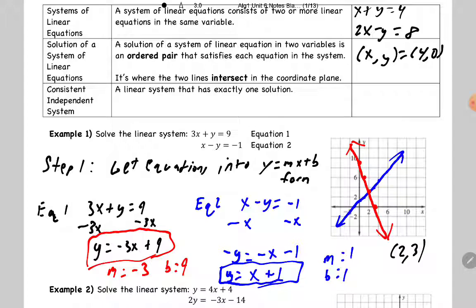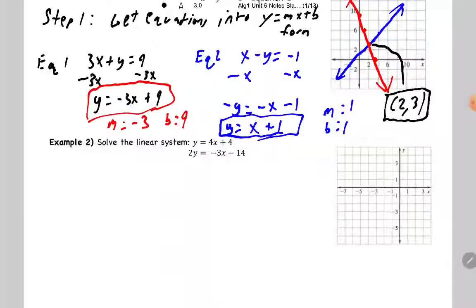So that is our intersection right here. That is our answer, the coordinate 2, 3. If I plug 2 in for x and 3 in for y into both of these equations, it'll satisfy both equations.